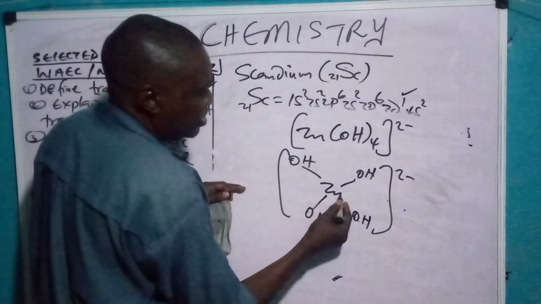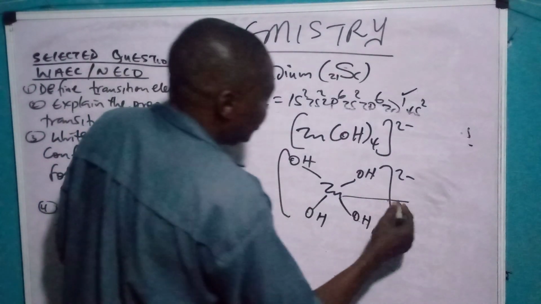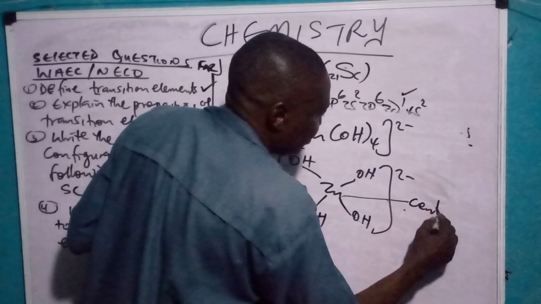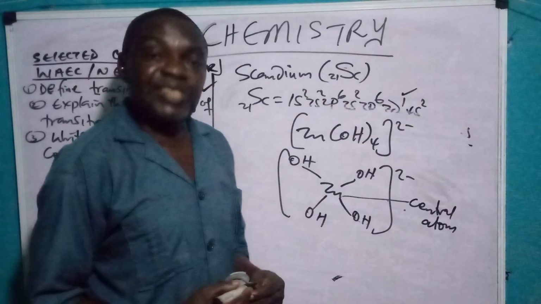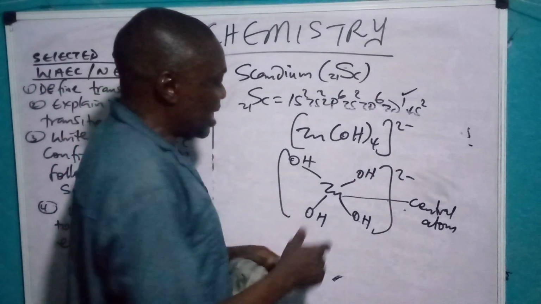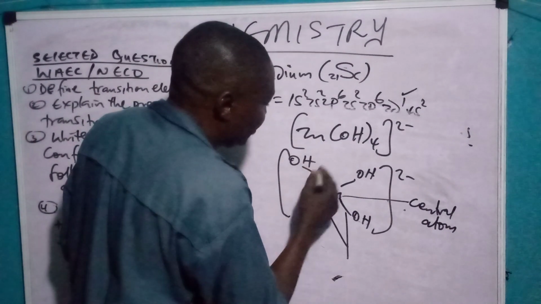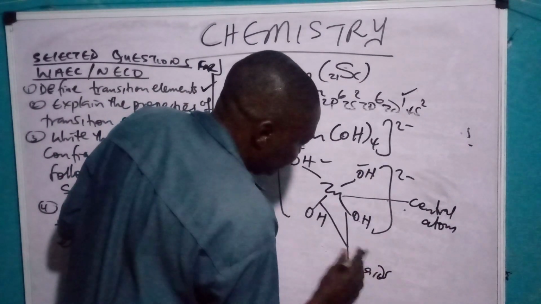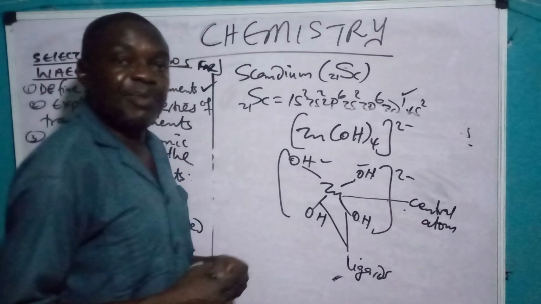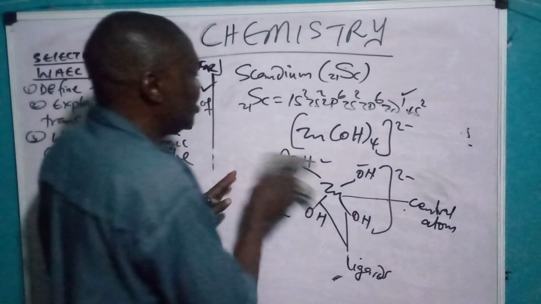You see, this central atom, which they may ask you in your objective, note it very well, is called the central atom. All transition metals always have a central atom, and they are attached to other groups we call ligands. All these other groups are called ligands. So that is a brief explanation of transition metals.